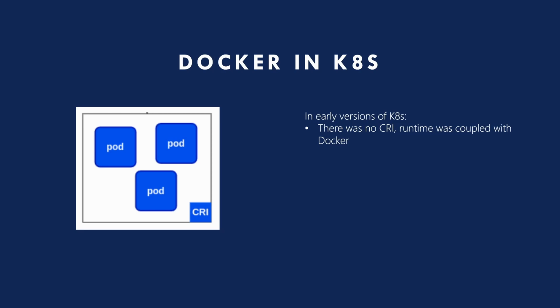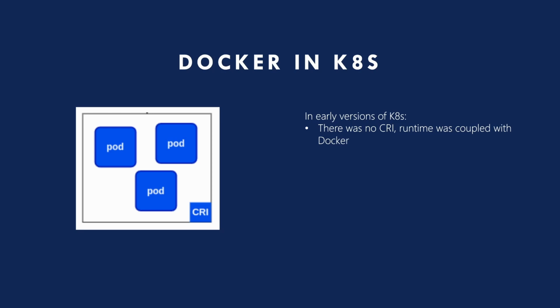Now, the Kubernetes kubelet had Docker-specific code to manage the container lifecycle operations, like pulling images, starting containers, etc. In the early stages, Docker was the default and the only supported runtime, which meant that Kubernetes was heavily reliant on Docker.